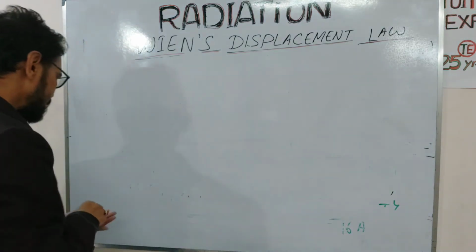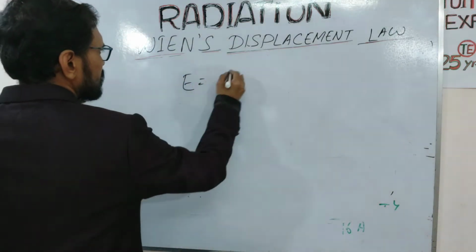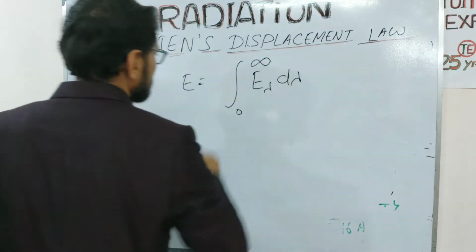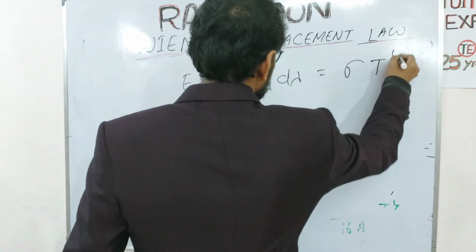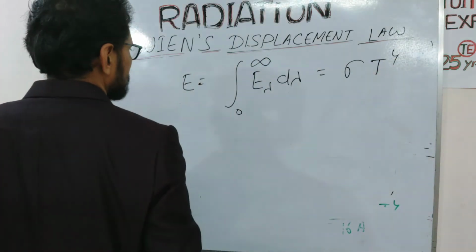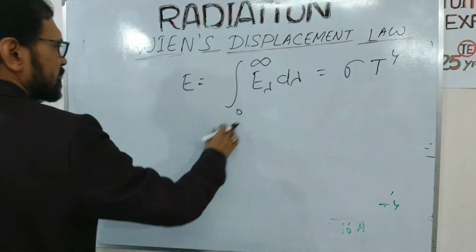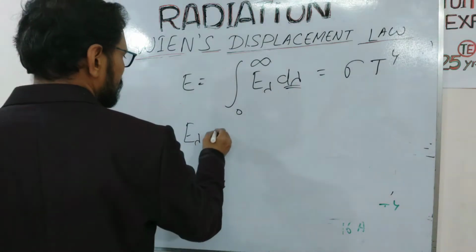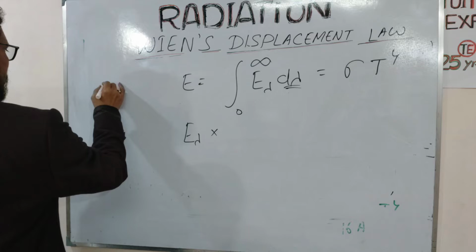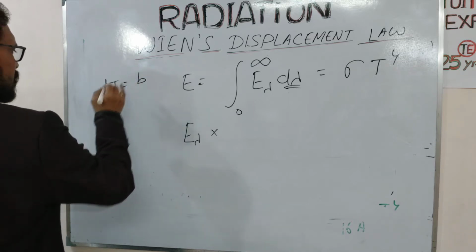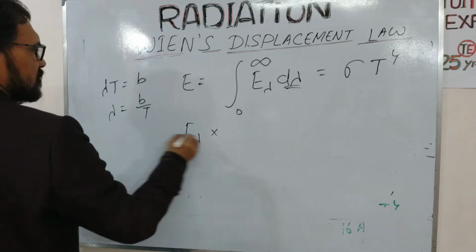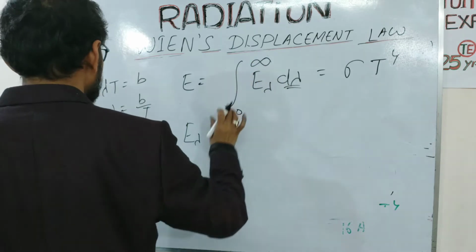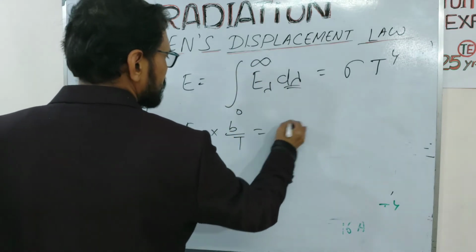Another thing is that E equals the integral from 0 to infinity of E lambda d lambda. We know this equals sigma T to the power 4. Now this is the emissive power. Now what about E lambda? E lambda into d lambda. We know lambda into T equals constant, so lambda equals b by T. So if we put this in for d lambda, the integration gives lambda, so b by T equals sigma T to the power 4.